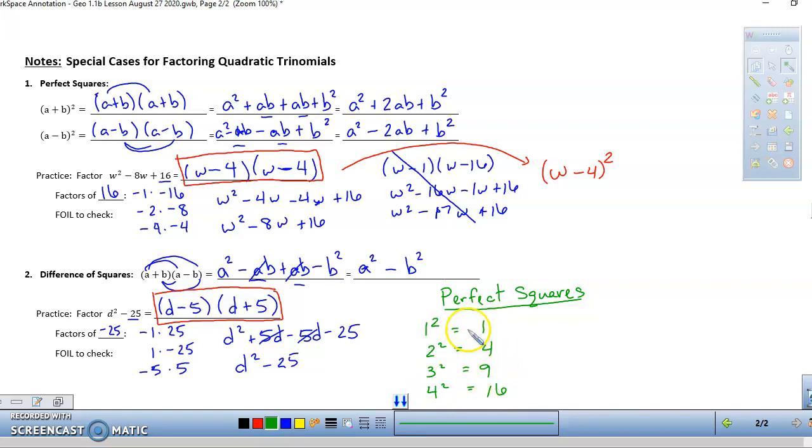Okay, these are your perfect squares, these numbers right here. And you can keep going, obviously, and so on. Okay, but these are your perfect squares. And these. So it is helpful as you get into harder and harder math to know what your perfect squares are.